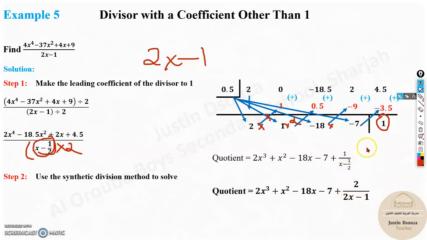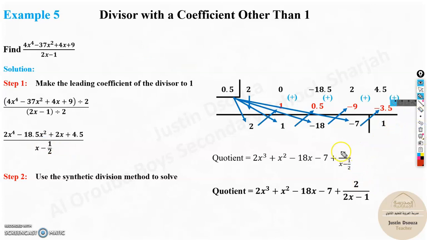But remember, sorry, I told you wrong. Whenever we multiply, both the sides must be multiplied, okay? Now, please understand this. When we divided, what did we do? We divided both the sides, up and down, numerator and denominator.